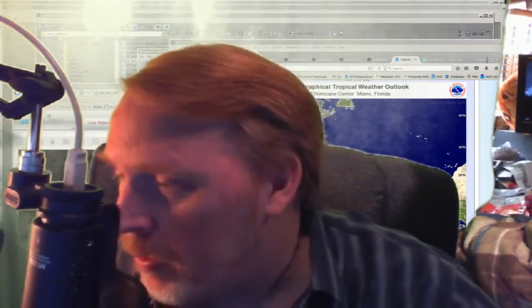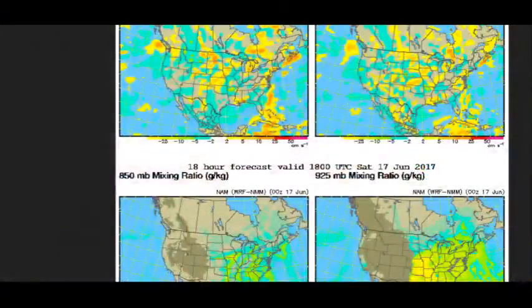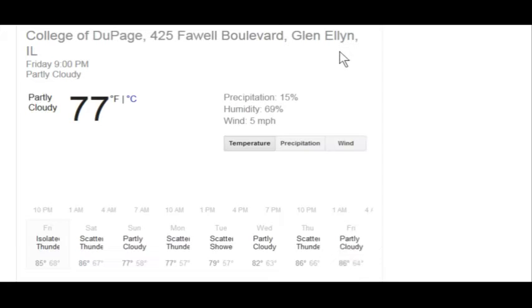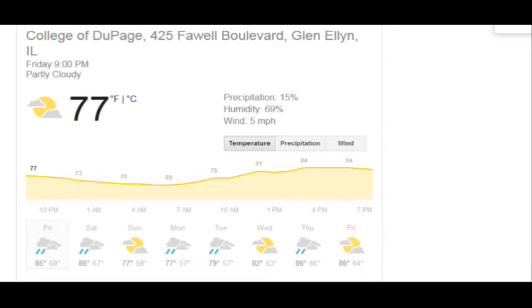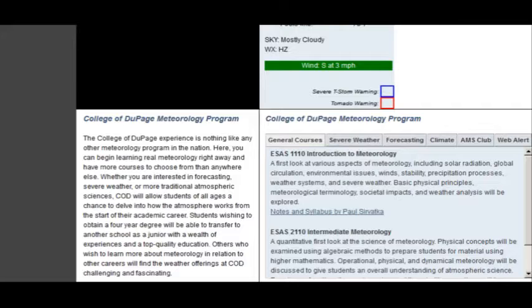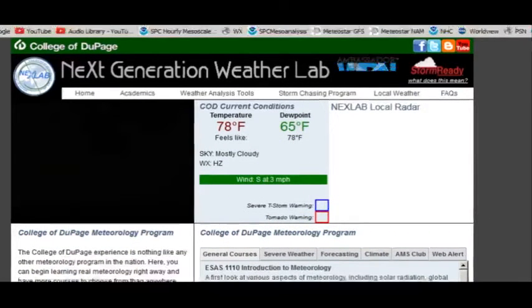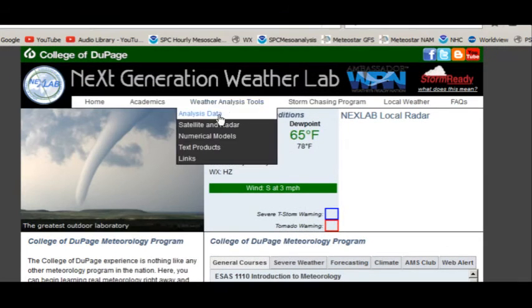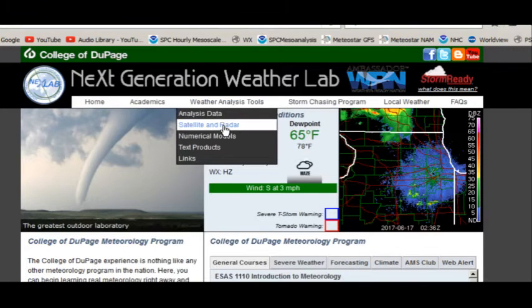Yeah, definitely look at those boundaries, and I'll show you one good site that you should definitely check out. Very useful for pre-initiation time. Let me bring this up, and that is College of DuPage weather. So when you go to their website, you go to Weather Analysis Tools, go to Satellite and Radar.